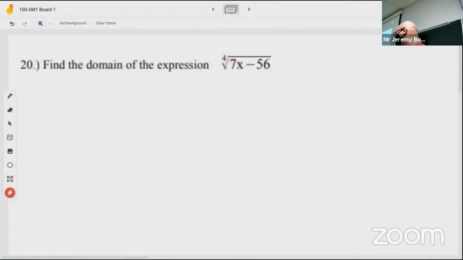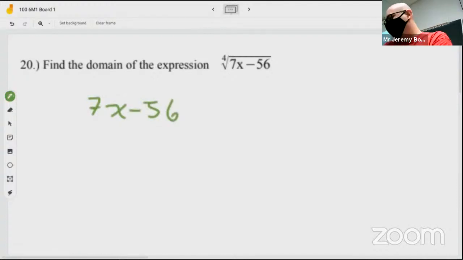So remember, if that is the case, we want whatever is under that root, in this case, 7x minus 56, to be non-negative. We want it to be greater than or equal to 0. Don't forget the equal.